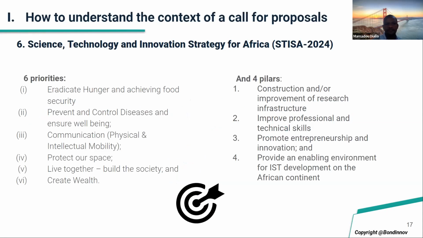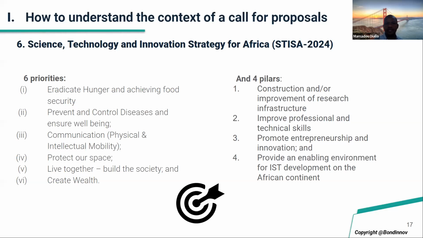Still in the 6th point, you have here the priorities and the pillars. At the left, you have the eradication of hunger and achieving food security, prevent and control disease and ensure well-being, communication, physical and intellectual mobility, protect our space, live together, build the society, and create wealth.